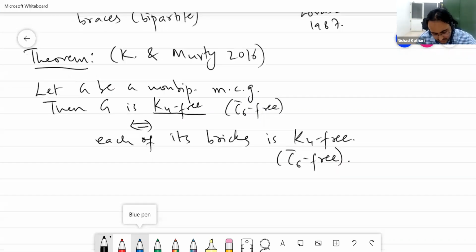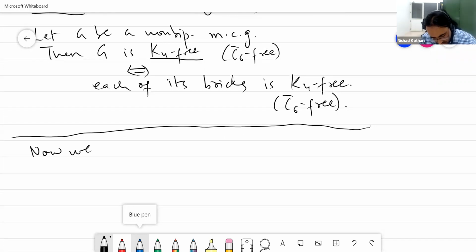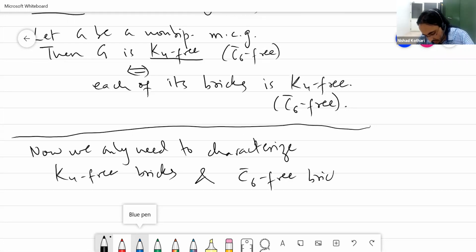This means that now you only need to worry about the K4 free bricks and the prism free bricks. So now we only need to understand or characterize K4 free bricks and prism free bricks.